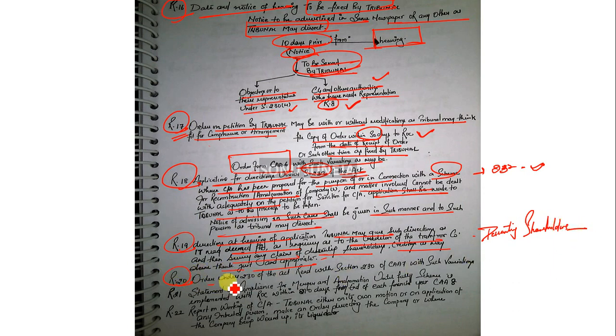Rule 20. Order under Section 230 of the Act, read with 230, of CAA 7 with such variation. So after that, if any further variation is required, that will be given in CAA 7. Statement of compliance for merger amalgamation, once the scheme is implemented, to be filed with ROC within 210 days of the end of each financial year in CAA 8.